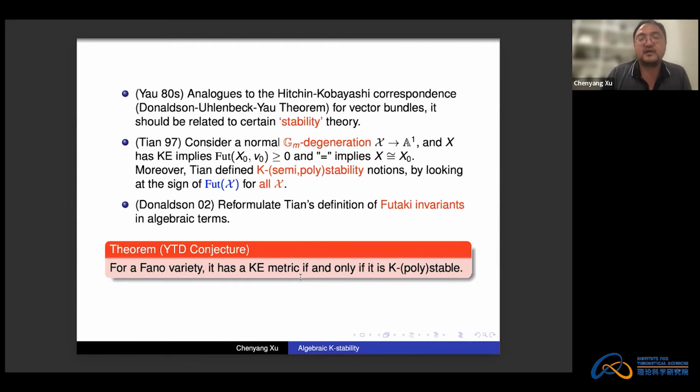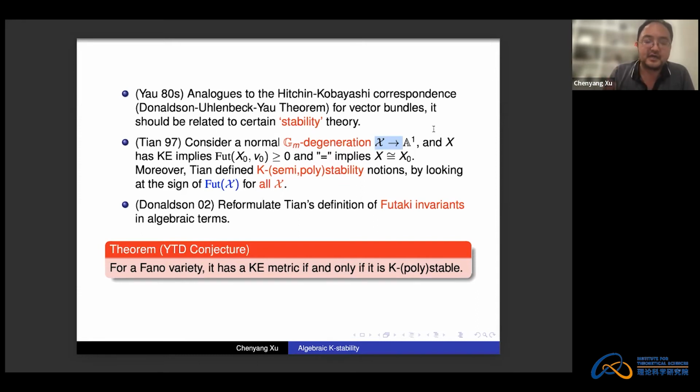Then if you pull back from the universal family inside the Hilbert scheme, you get a G_m-equivariant family of varieties X over A^1, such that over the generic point is X, the Fano variety you look at.